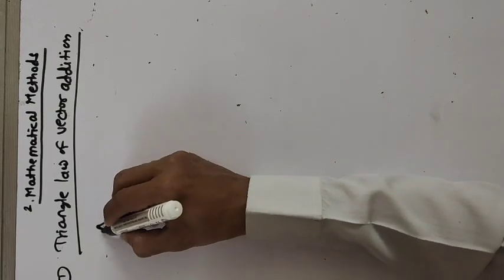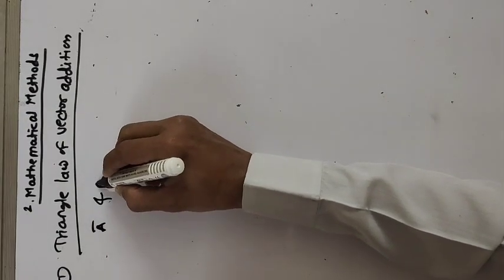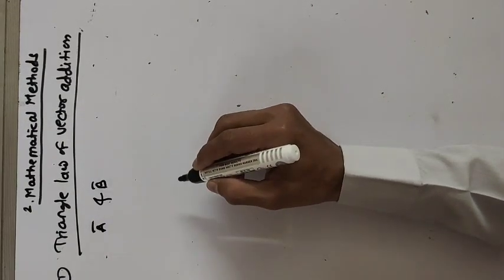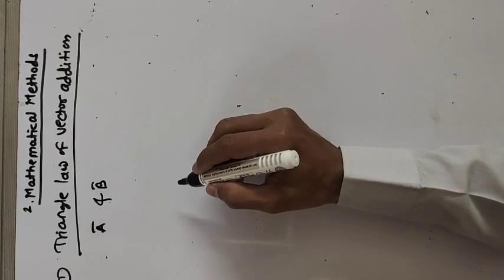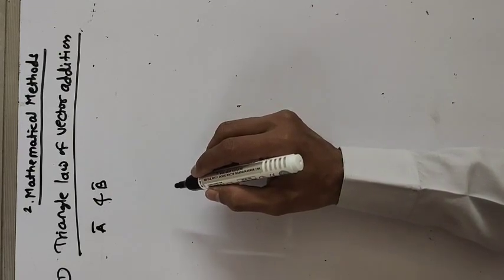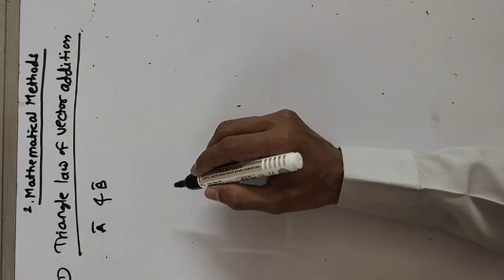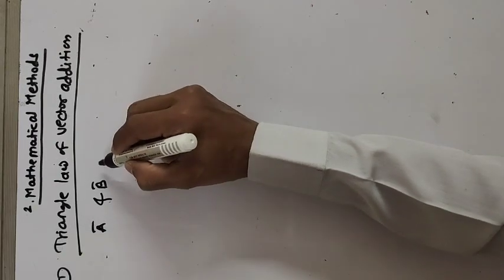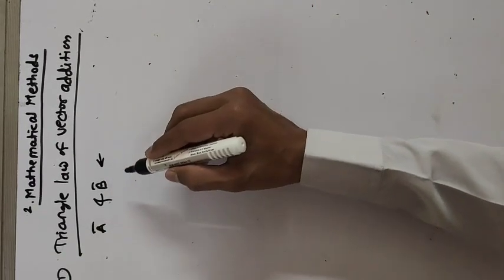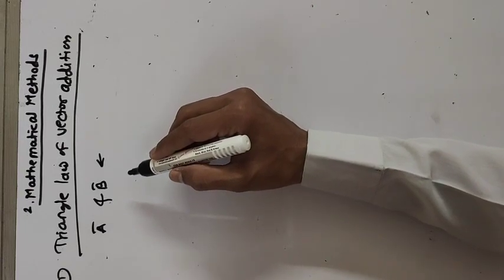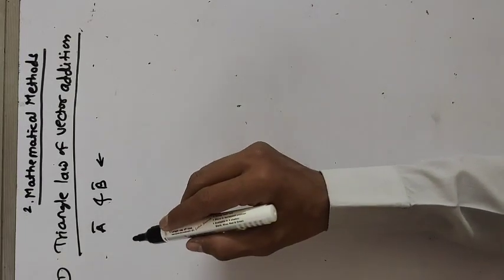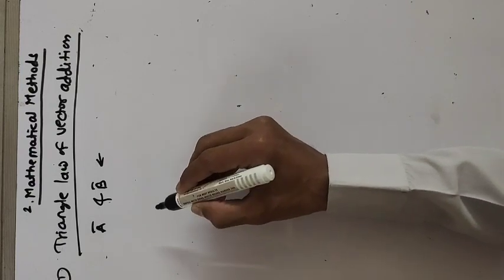Let us consider vectors A bar and B bar. These are two vectors. What is the first sentence of the statement of the law? If two vectors describing the same physical quantity, these are describing the same physical quantity, are represented in magnitude and direction by adjacent sides of a triangle.